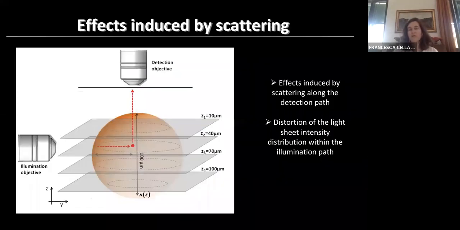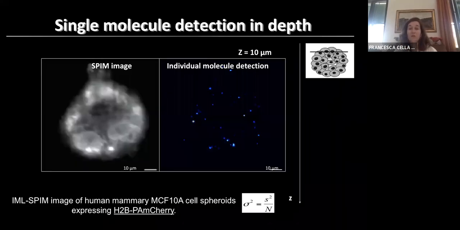But then we need to optimize the system. We need to think, as I was mentioning, about the fact that light is traveling through the mammary cell spheroid, or the tissue you are interested in, along the illumination side and also the detection side. So we have distortions we need to take into account, or we need to verify that there is no effect.